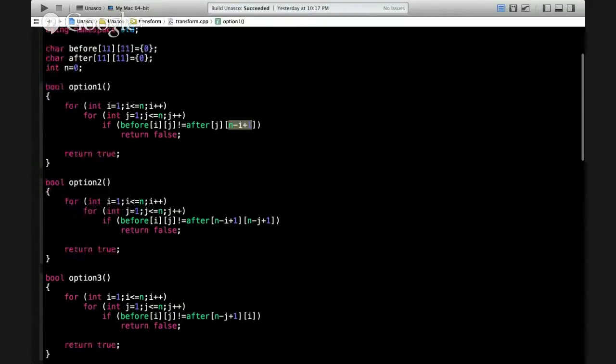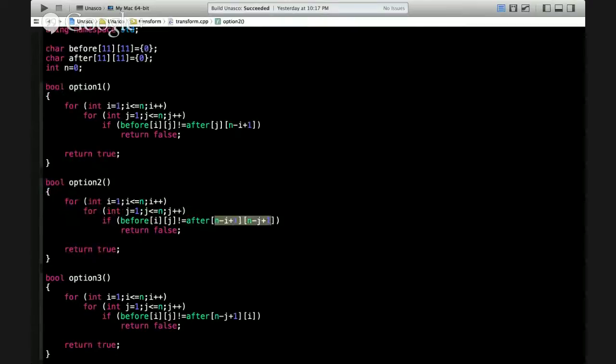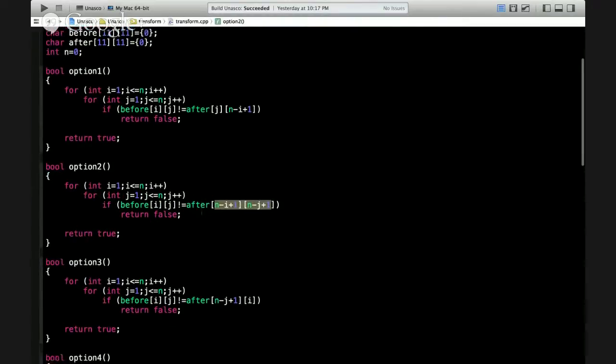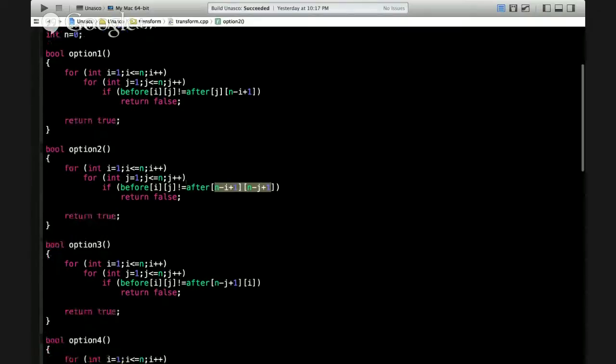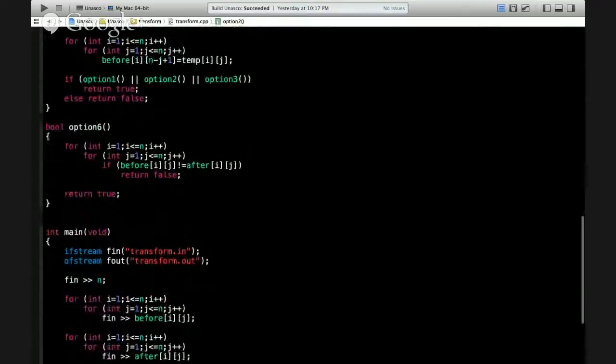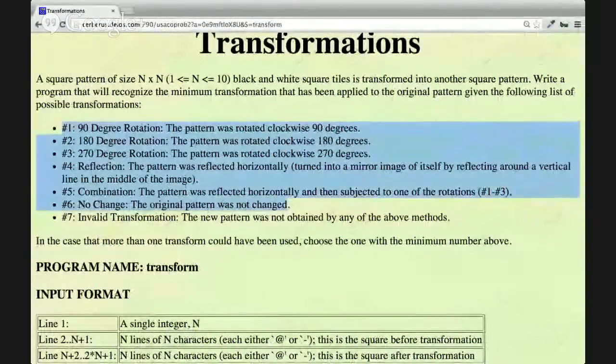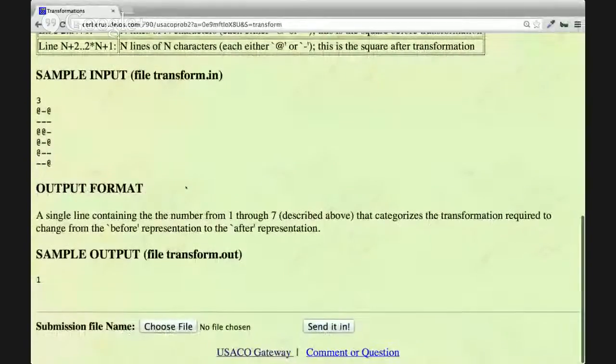The 180 degree will be something like this. For the detail, I will not explain here because it would be too lengthy for all 6 transformations. Basically, we just brute force all the 6 options given, find whether it matches or not, and output the answer.